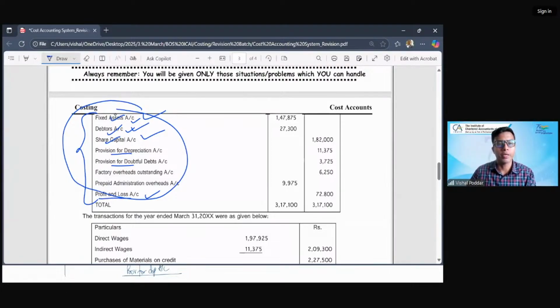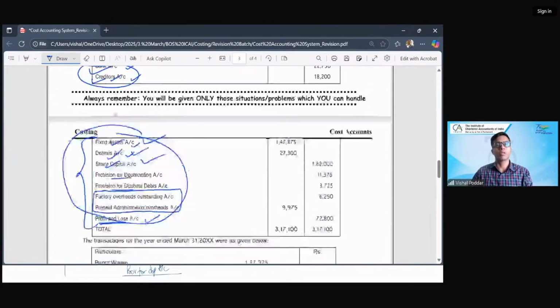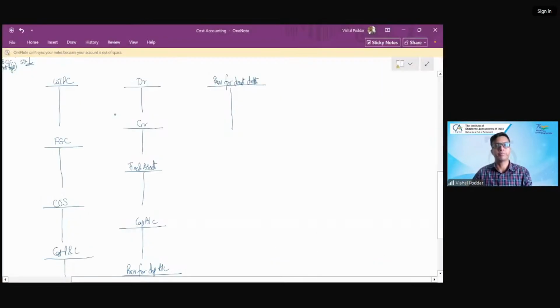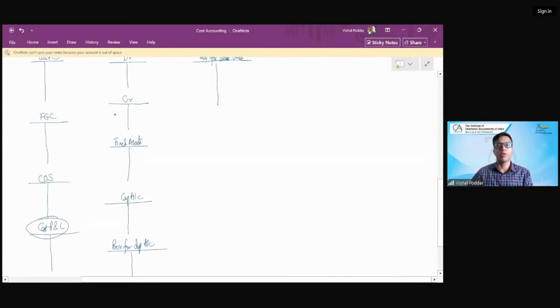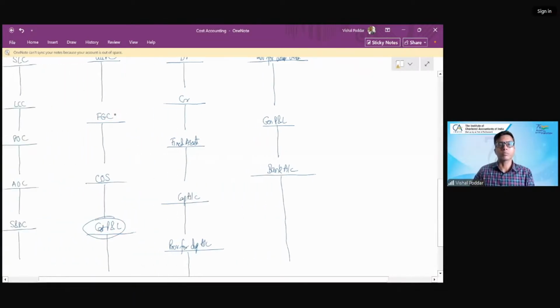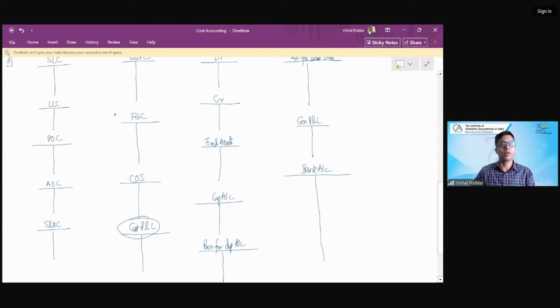Then you have the general P&L. And these are the balances that will come in the respective overheads account, so I need not open a separate account. So profit and loss and the most important, bank. Now already you have a profit and loss here, so in order that you're not mixing up, let us call it general P&L. And then the most important account, bank, because here majority of transactions you'll find the effect in bank, right? So we have opened all relevant accounts.